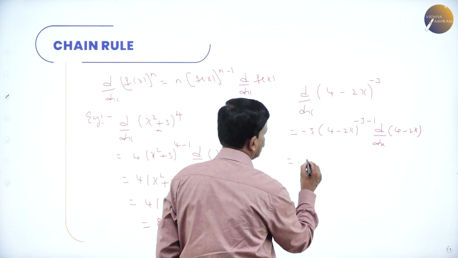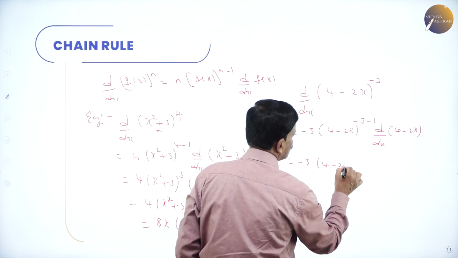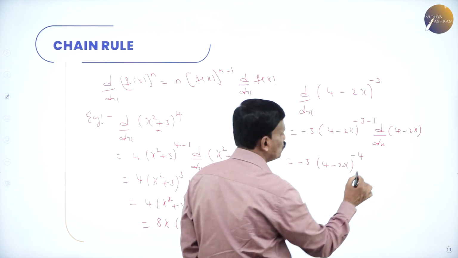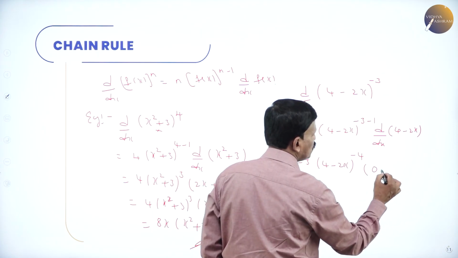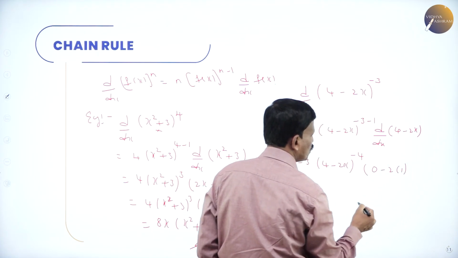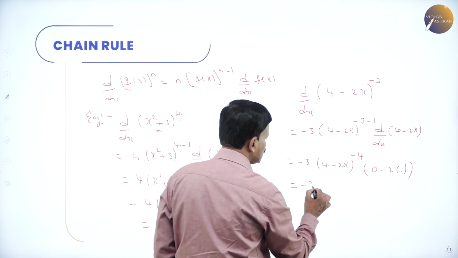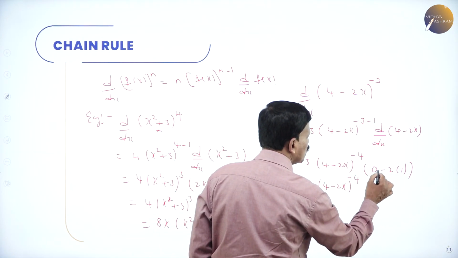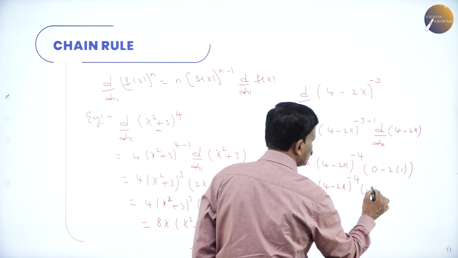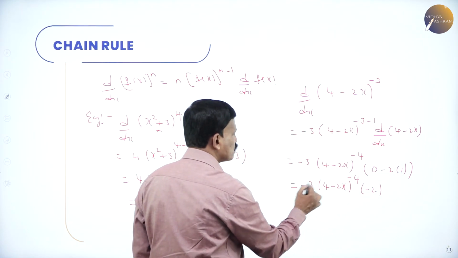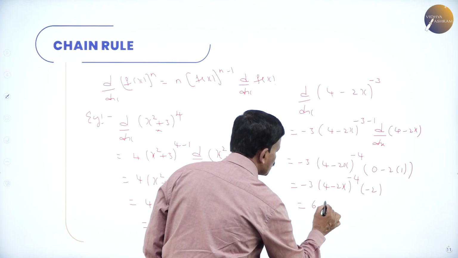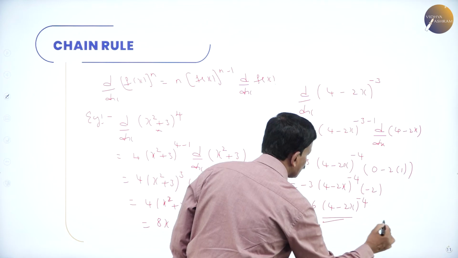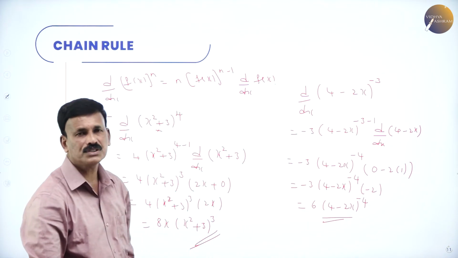Followed? That's it. So this can be written as minus 3 into (4 minus 2x) to the power of minus 4, into derivative of constant 0 minus 2 into differentiation of x, which is 1. So minus 3 into (4 minus 2x) to the power of minus 4, into 0 minus 2, which is minus 2. Multiply minus into minus, plus. 3 2s are 6 times (4 minus 2x) whole raised to minus 4. This is the derivative of the function.